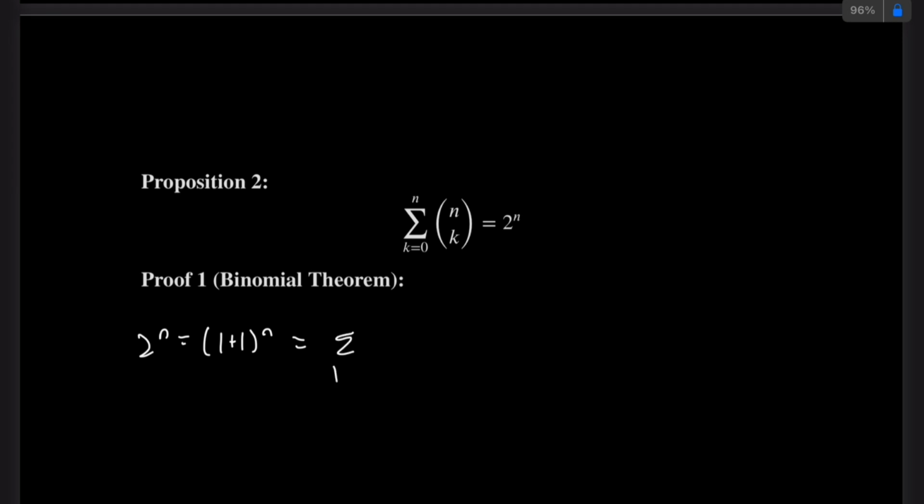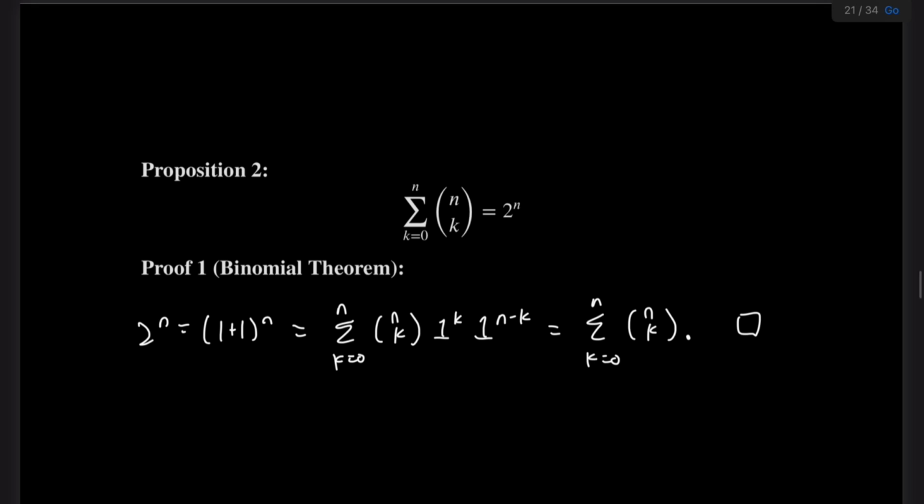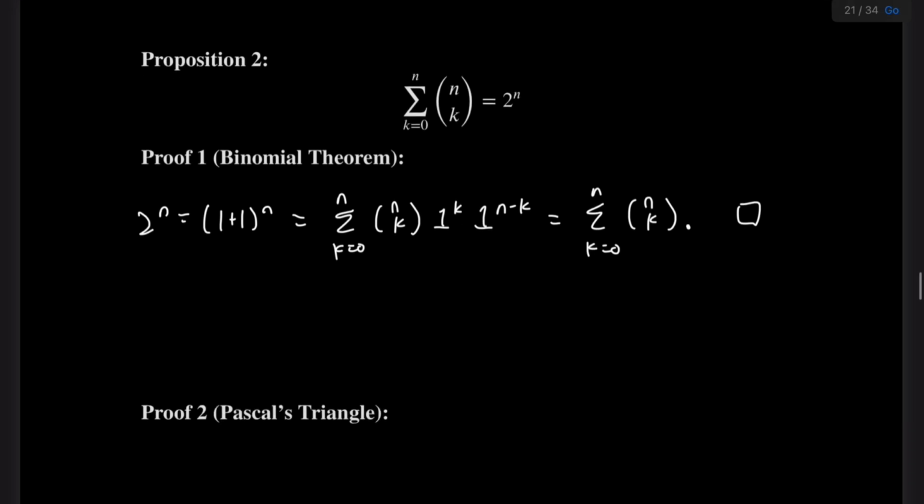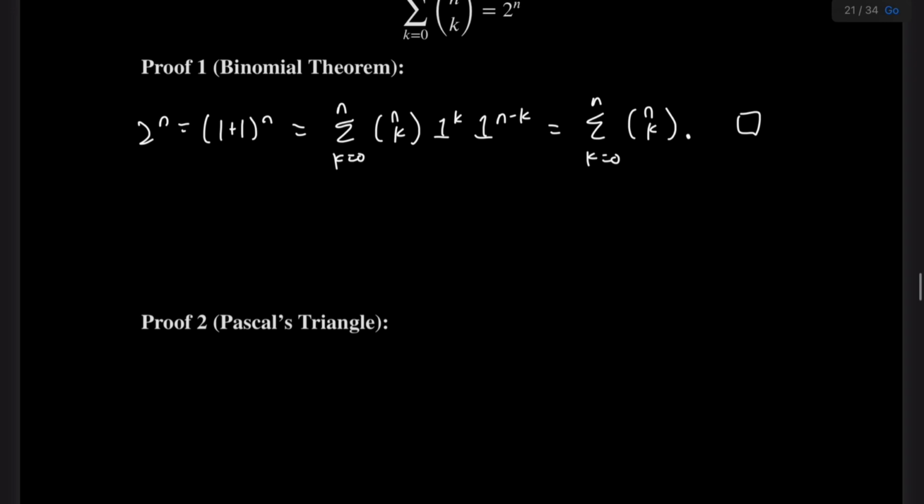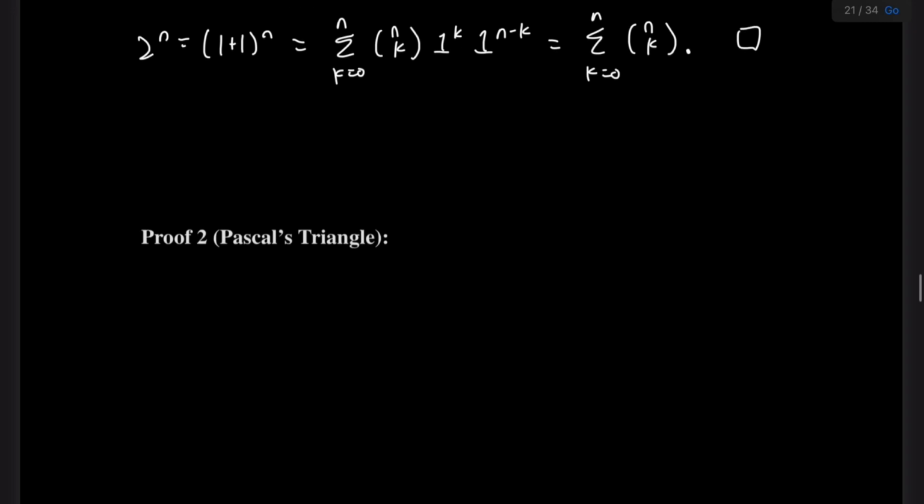This is just the sum from k equals 0 to n of n choose k, 1^k, 1^(n-k). What does this equal? We're just raising 1s to a bunch of powers, so those are all just 1. This is just the sum of the n choose k's, right? That's it. That's simple. Okay. Not very instructive, I guess, but very quick. It gets the point across.